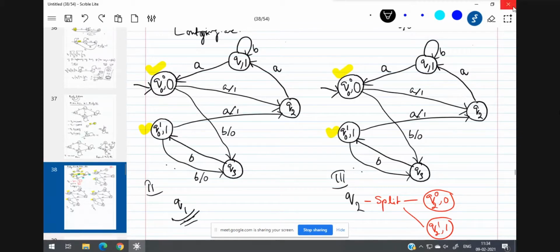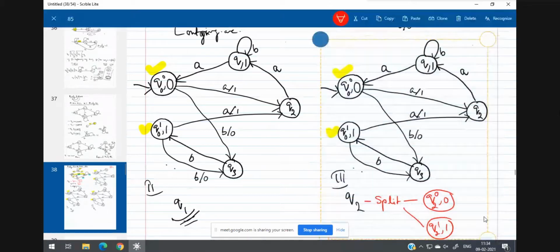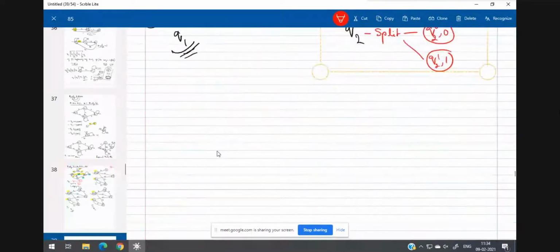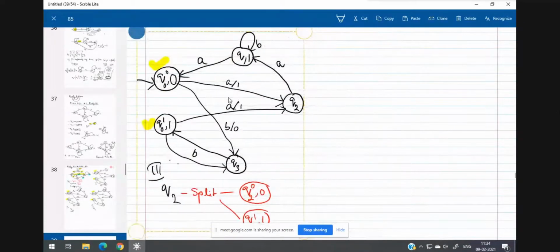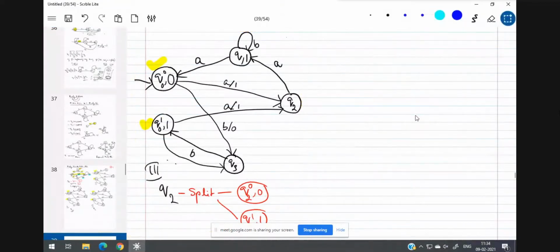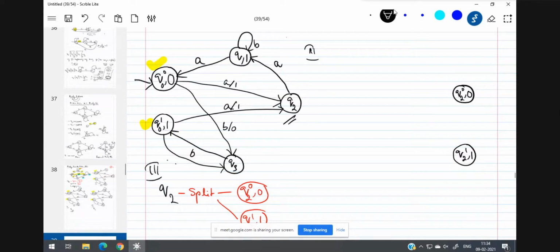The same one, let me bring down because I don't have much space here. I'm going to split it here. So this 3, again, this will be 3, but let me just redraw it. That way we'll avoid the error. Now this Q2 will be of two parts. Q2, 0. And then another one is Q2, 1.